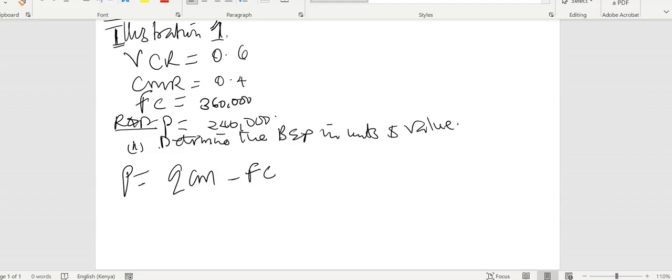Q is it that big? 1.5 million. Is it the Q or revenue?